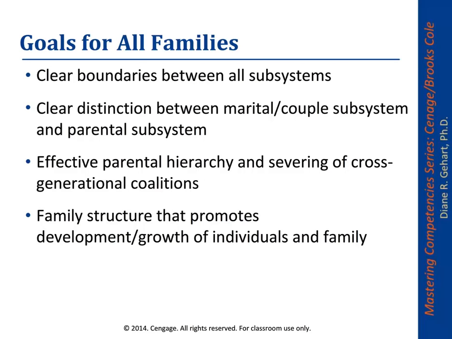And then there needs to be an effective parental hierarchy, which of course involves severing any cross-generational coalitions between parents and children that are basically undermining usually the other parent. So figuring out how to set an effective parental hierarchy for where the children are developmentally. Each parent may need to parent children differently based on their developmental needs.